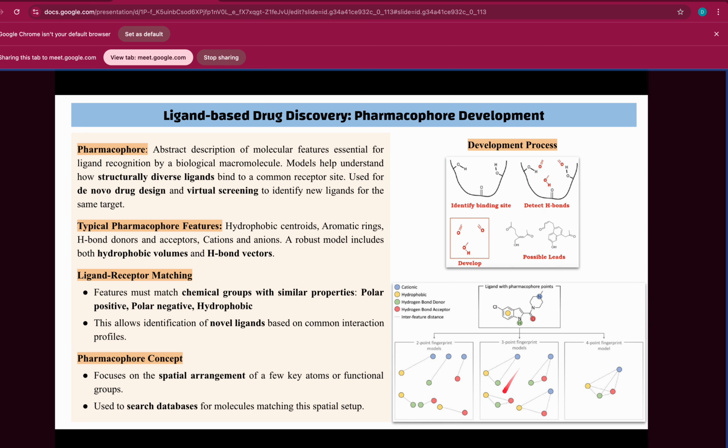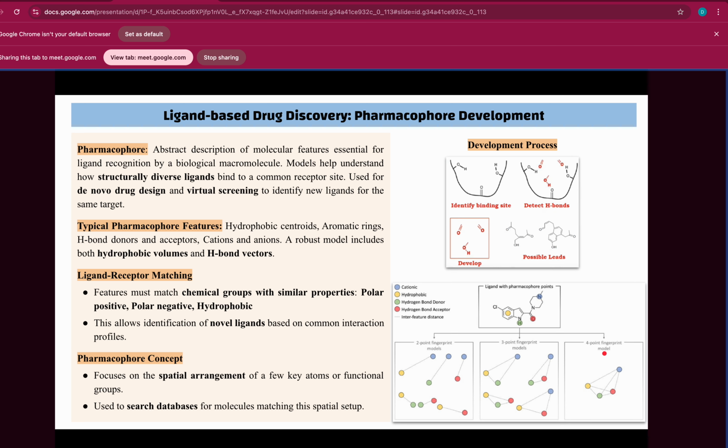If there is a link between 3 such functional groups, then it comes under 3-point fingerprint. And if there is linking between 4 different chemical groups, then it comes under 4-point fingerprint. So depending on how many such chemical or functional groups are present and connected to one another, it determines what the fingerprint will be. It will be 4-point, 3-point, 2-point.